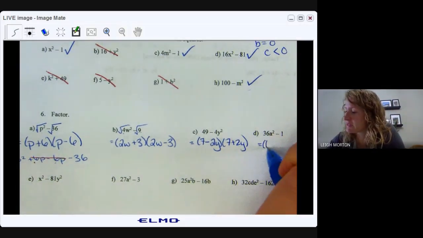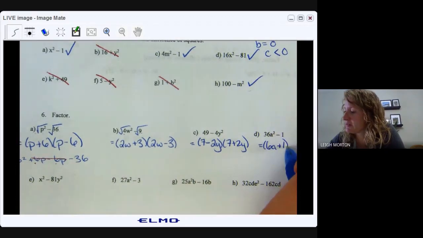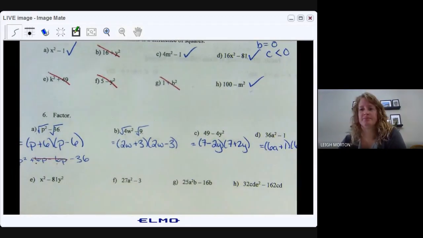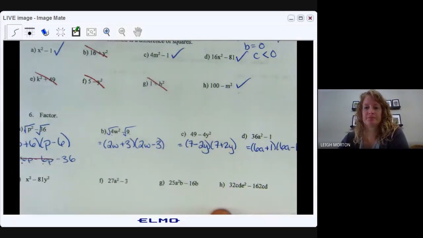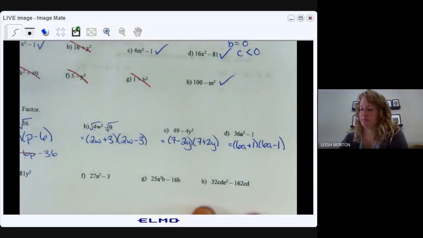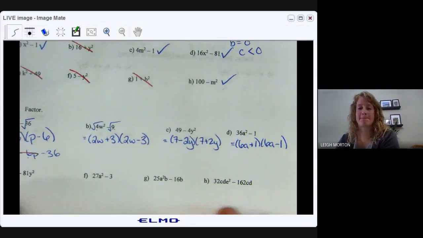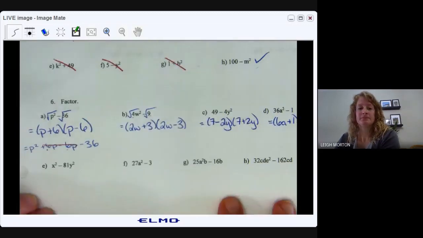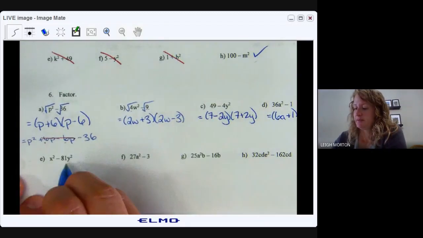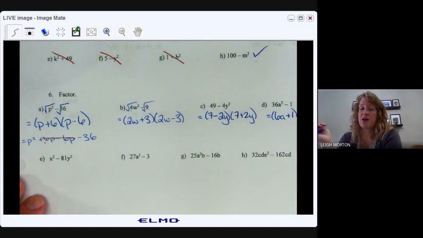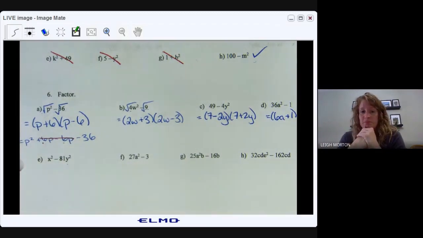Okay, so then I have 6a minus 1 times 6a plus 1. E, we're adding a new variable to the mix, but I'm confident you guys can handle that. What did you get for the answer there?